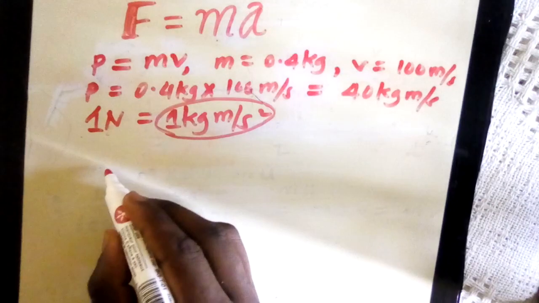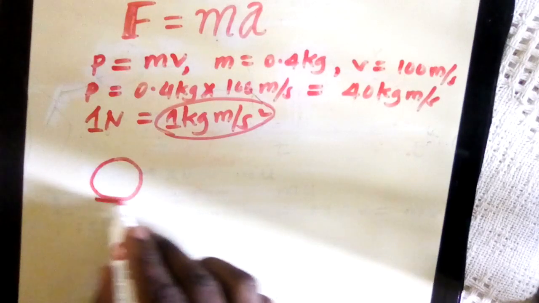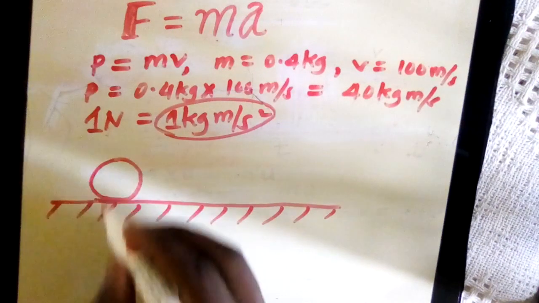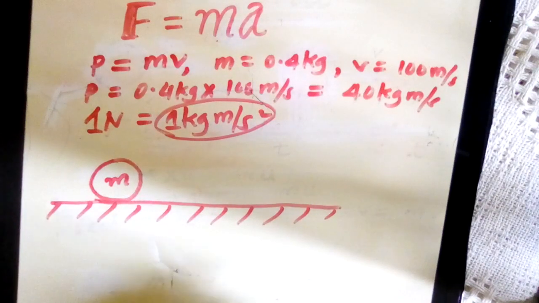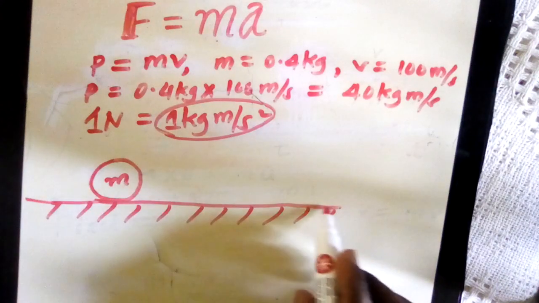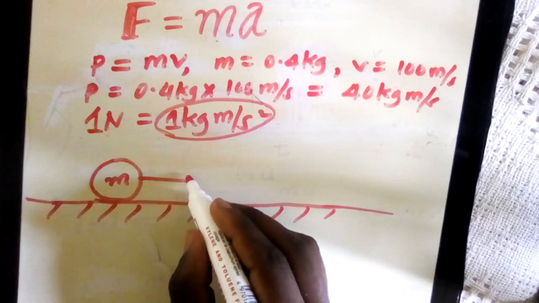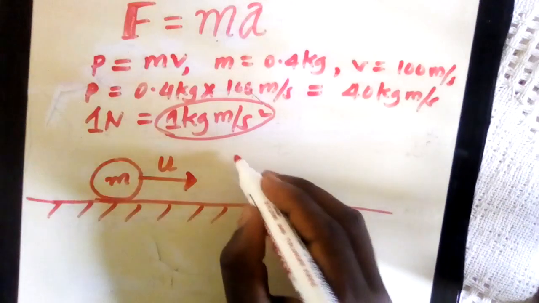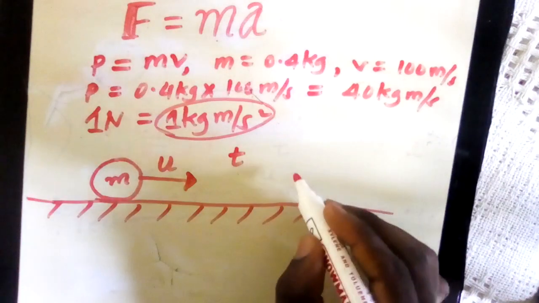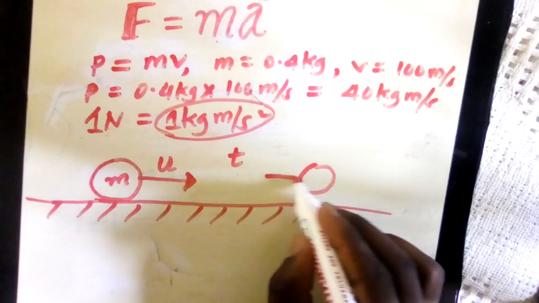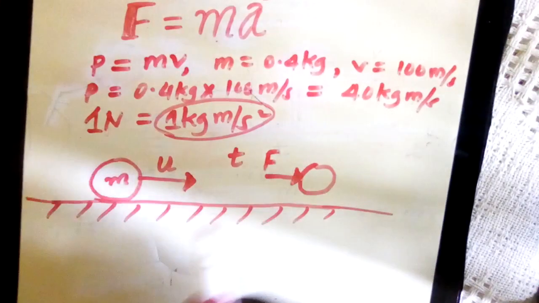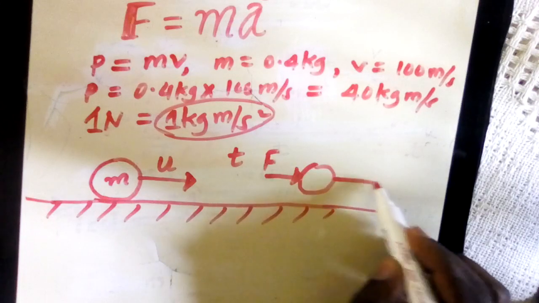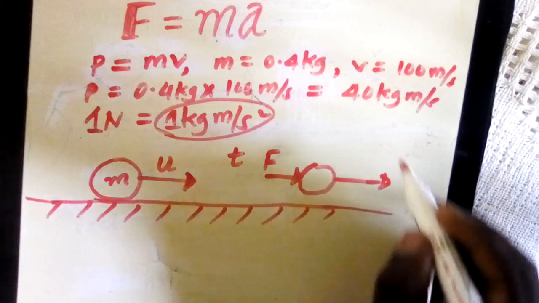Now assume you have a body of mass m, on level ground, moving with its initial velocity u, and then after some time it is acted upon by an external force F. This external force lasts for time t, and this force causes the body to accelerate to its final velocity v.